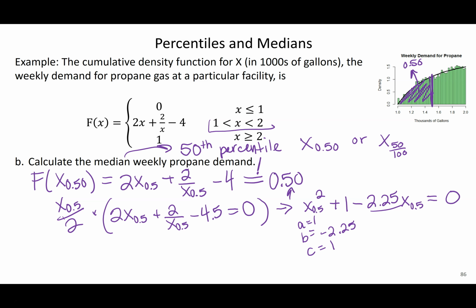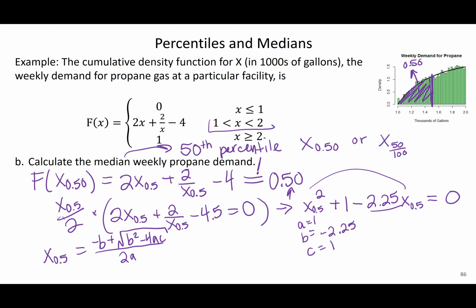I'm going to need to use that quadratic formula again. So x.5, according to the quadratic formula, right, because it's negative b plus or minus the square root of b squared minus 4ac, all over 2a, hopefully a throwback. It's not one of those things where, oh my gosh, you have to have this memorized, but if you can look it up and use it, that's useful.